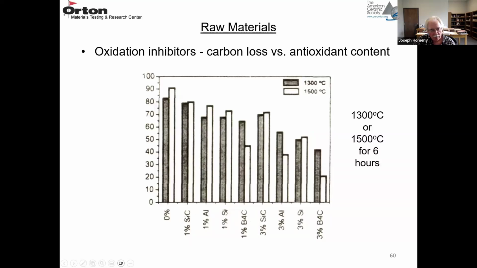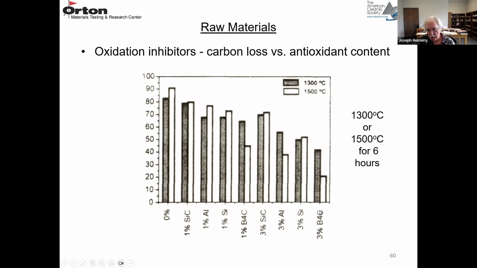And then you have silicon carbide, aluminum metal, silicon metal, and boron carbide, all at 1%. And then the same for anti-oxidation agents, all at 3%. So as you add these chemicals, you can see the carbon loss goes down. And then as you add a higher level, 3% as opposed to 1%, they go down even more.